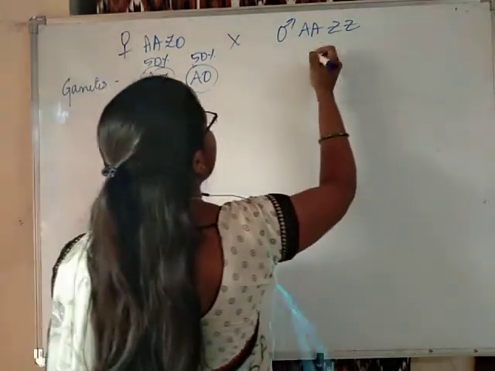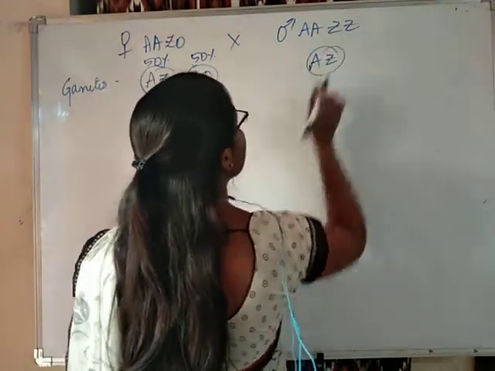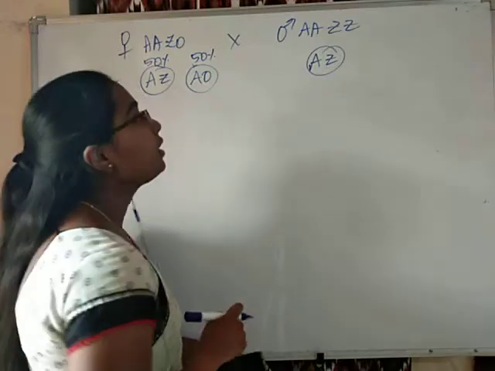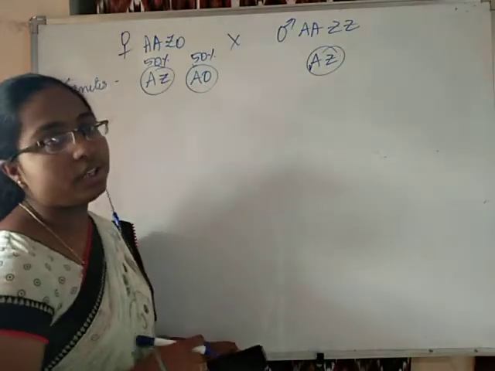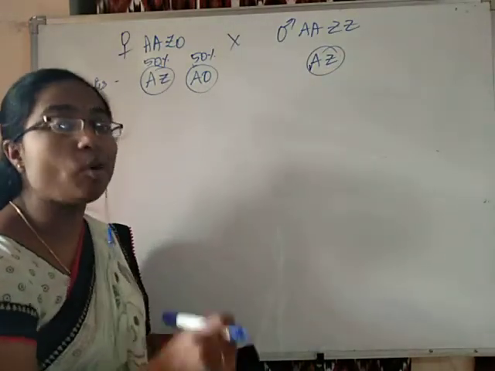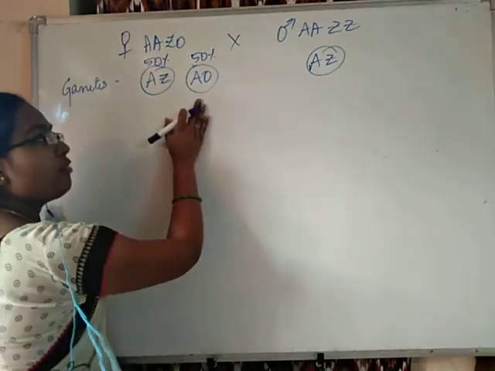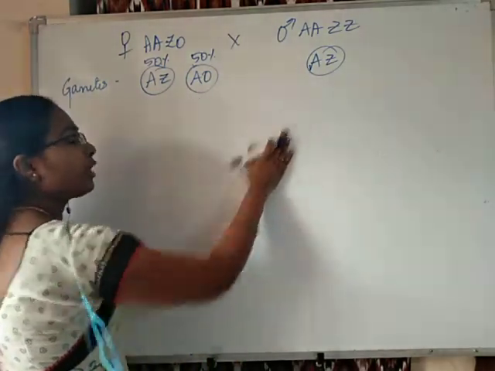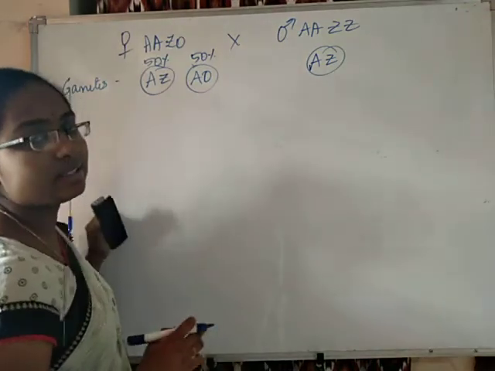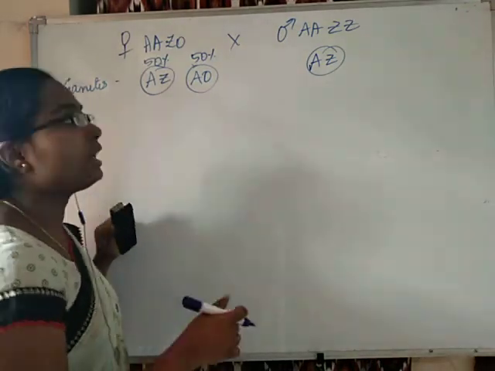All the male gametes will be AZ only. So the sex of the daughter individual is decided by the type of ovum fertilized by the sperm.